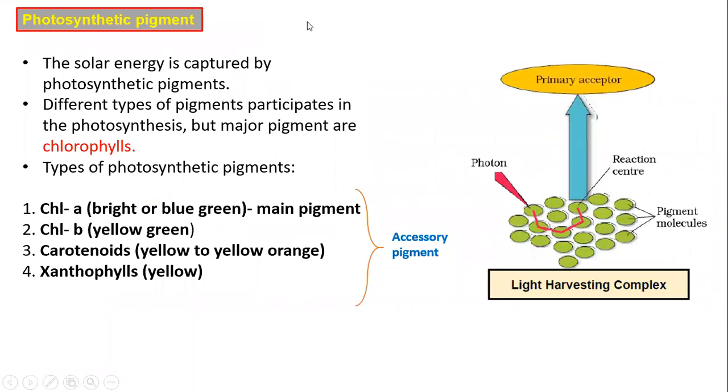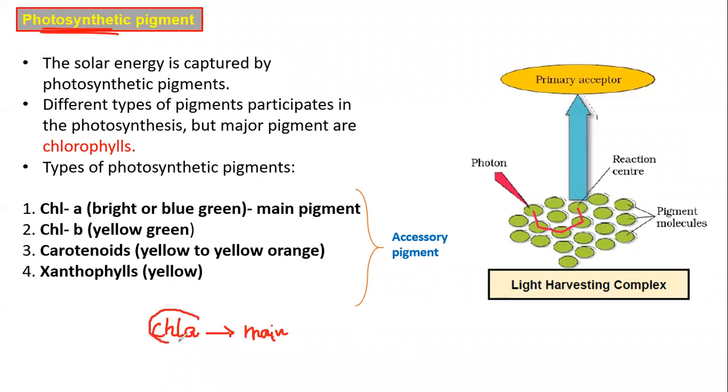Next is a very, very important topic from which a question will definitely be asked in your exams. That is a new concept: the photosynthetic pigment. You will learn that the chlorophyll A molecule is the main pigment, the head of the department, for carrying out photosynthesis.